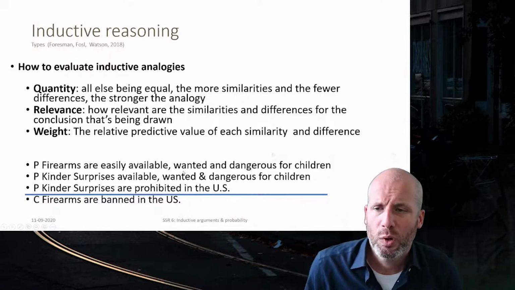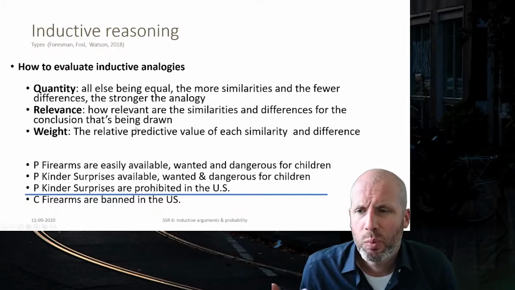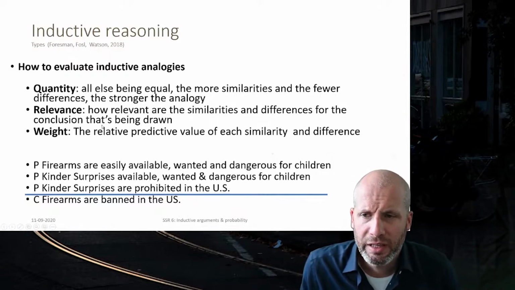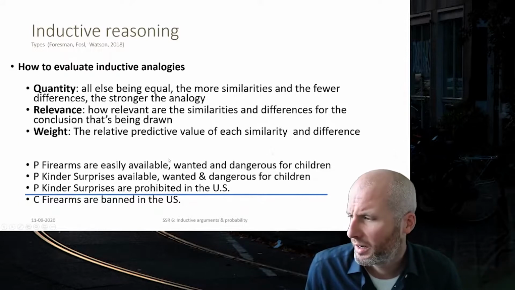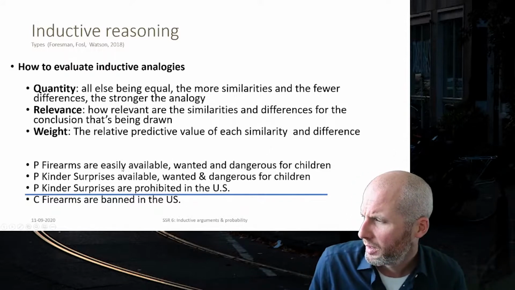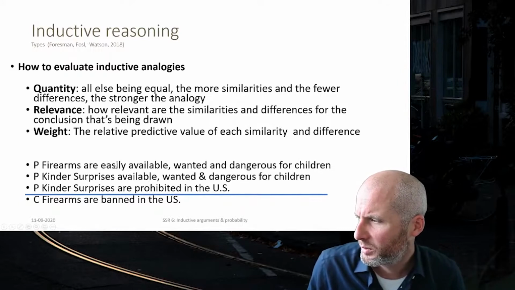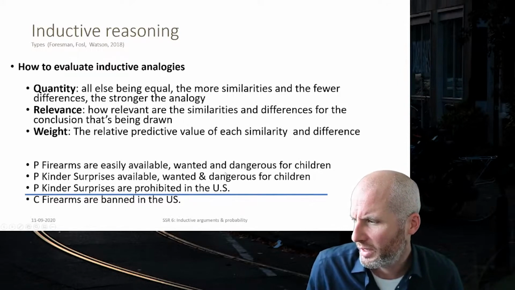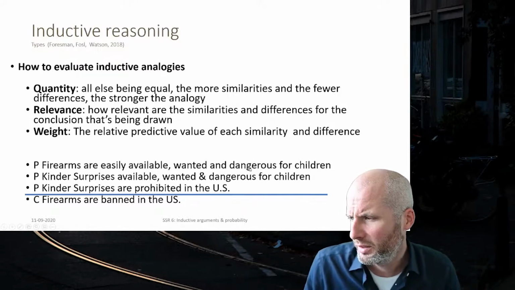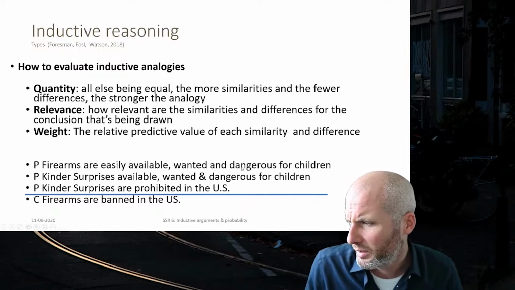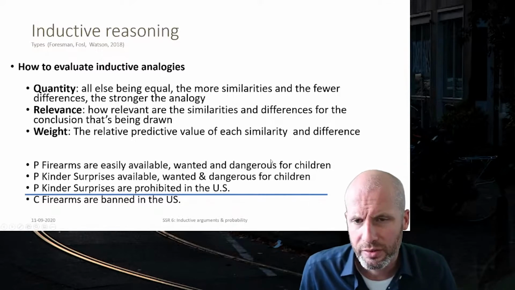And again, you should wonder how important or how relevant are these similarities, right? So how important is it that the way in which a children's toy is wanted is similar to the way in which firearms are wanted, and the way in which children's toys are dangerous, is that similar, and indeed relevant, that similarity to the fact that firearms are dangerous as well.